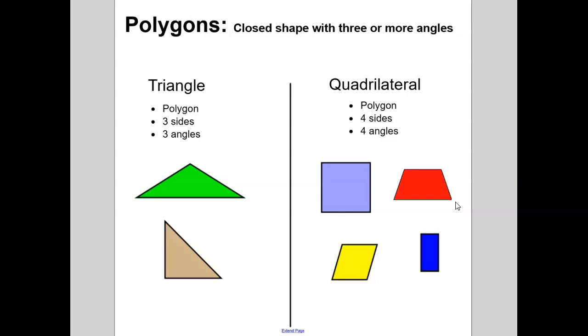Wonderful. And they're the same because you'll notice they're both polygons, because a polygon is just any closed shape with 3 or more angles. Make sure that you have both of those written down and labeled in your notes, because we're about to learn about even more shapes.